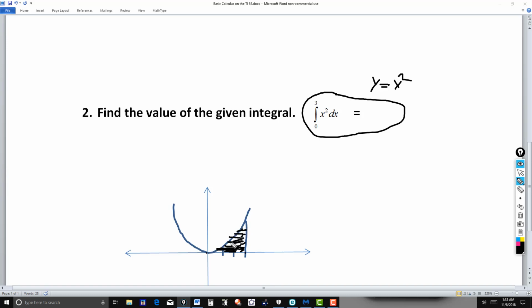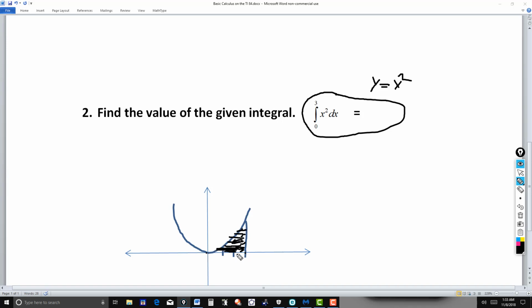Okay, and that's one application of the integral, or the antiderivative, is getting the area under the curve bounded by the x-axis, this line right here. Okay, so how does this work?